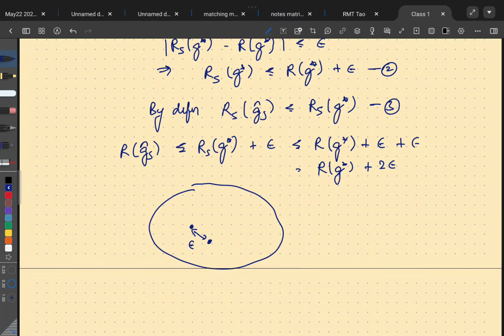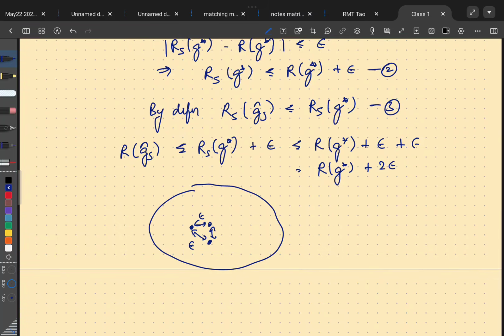And this holds true for every 2 points. And distance between these two is epsilon. How far can these two be? 2 epsilon. Sorry, the maximum distance that this can have is 2 times epsilon.